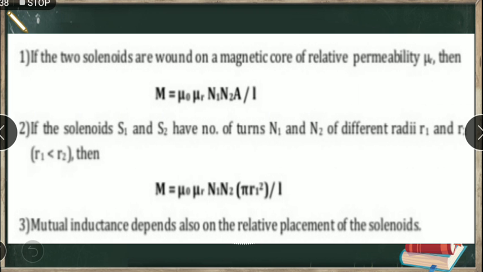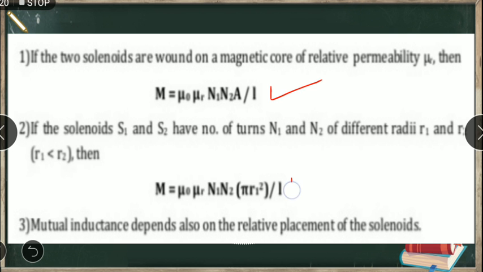If it has been wound on a magnetic core of relative permeability mu r, then the expression can be written as mu naught mu r n1 n2 A upon L. Okay, next, suppose the solenoids S1 and S2 have numbers of turns n1 and n2 and different radii r1 and r2, and the given case is that r1 is less than r2.